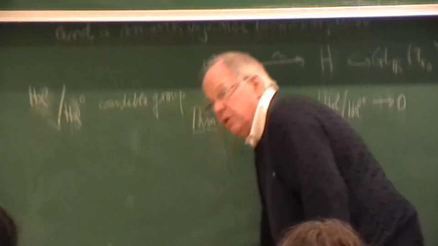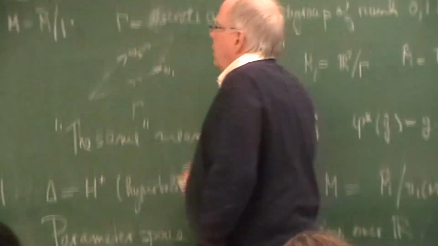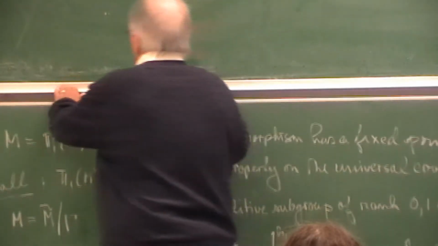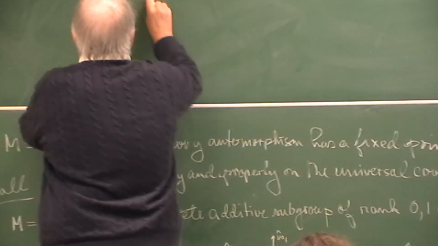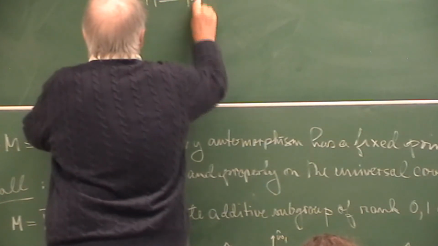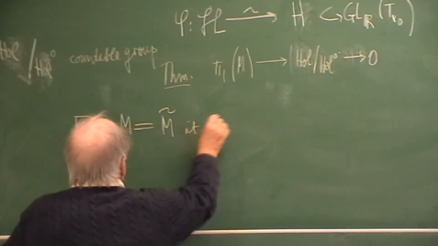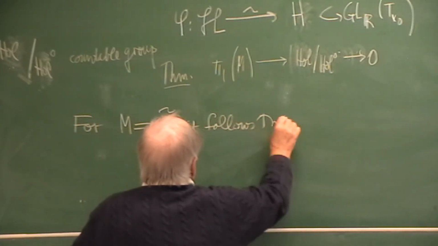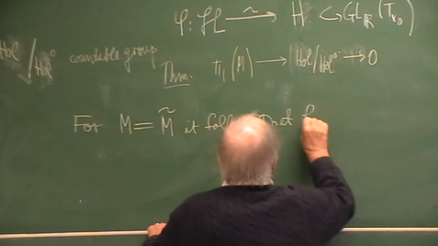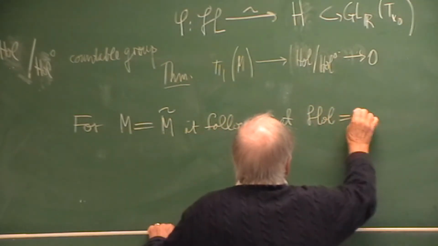It's called the restricted holonomy. So for M simply connected, so equal to the universal cover, it follows that the holonomy group is equal to the restricted holonomy group, H0.